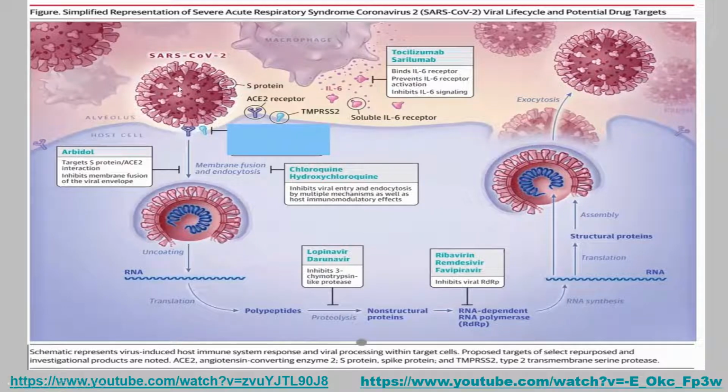This slide shows the life cycle of the SARS-CoV-2, starting from the virus entry by binding of the spike protein to the receptor, the angiotensin converting enzyme 2 receptor on the host cell, and then translation in the cytoplasm, and this will release the polypeptide, which will be acted upon by chymotrypsin-like protease and other proteases to release the important RNA-dependent RNA polymerase, which completes the replication cycle.